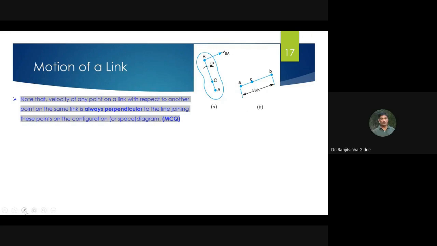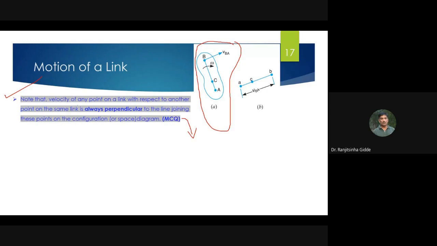So from this first one, this is an important conclusion and it will be asked in MCQ. So what is this note?